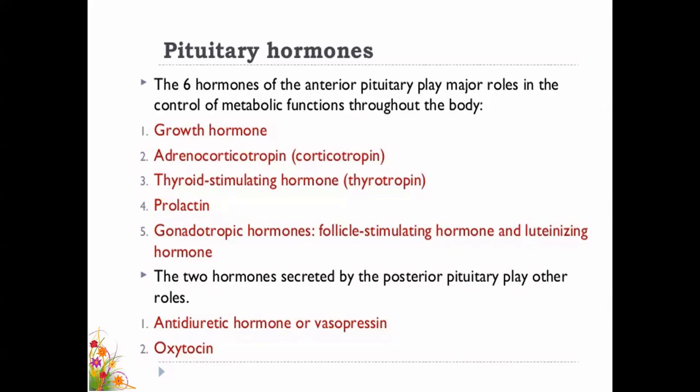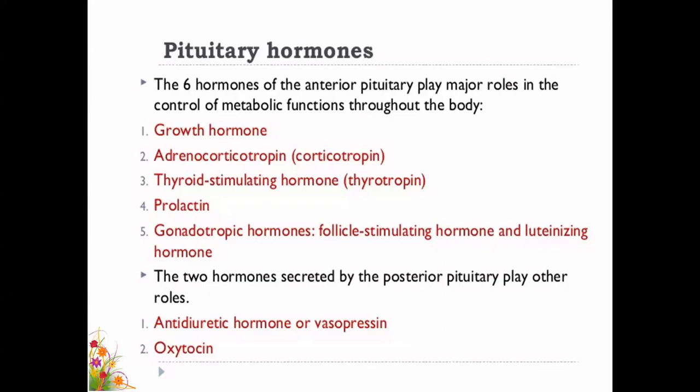What is the main function of this hormone? Which is the main gland it is stimulating? Thyroid. Okay, Tania, your answer is correct. So it's going to stimulate the thyroid gland for the production of thyroxine.